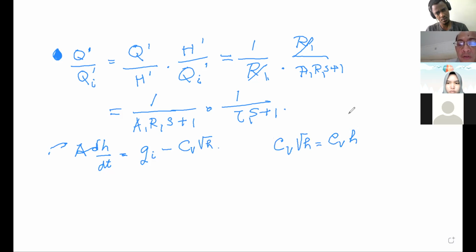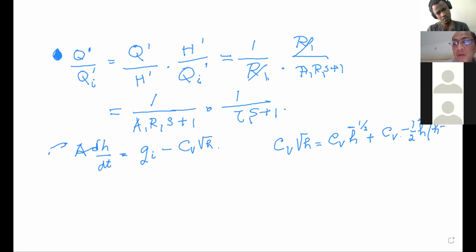I don't use the square root symbol, but put it like this: Cv H bar to the half, plus the differential of the function with respect to H. I have Cv times minus half H bar, times (H minus H bar). Do you agree?